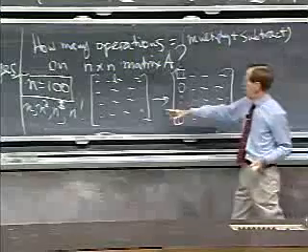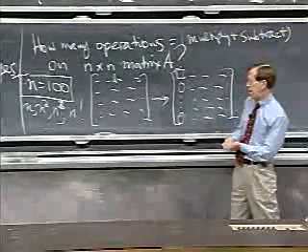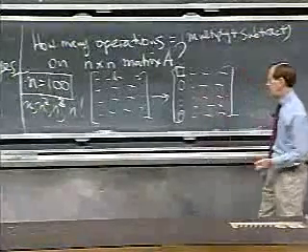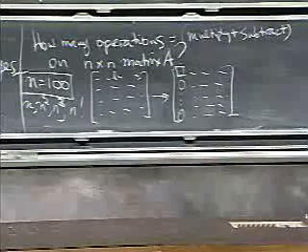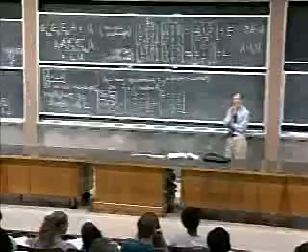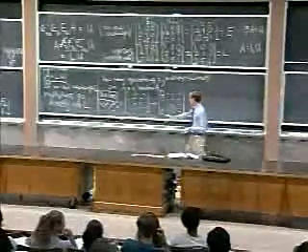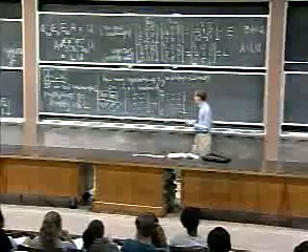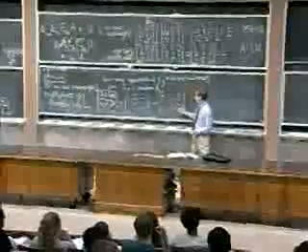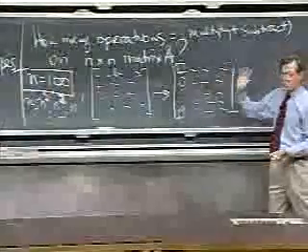So, I think, let's see, it's about, well, how many roughly? How many operations to get from here to here? Well, maybe one way to look at it is all these numbers had to get changed. Oh, the first row didn't get changed, but all the other rows got changed at this step.